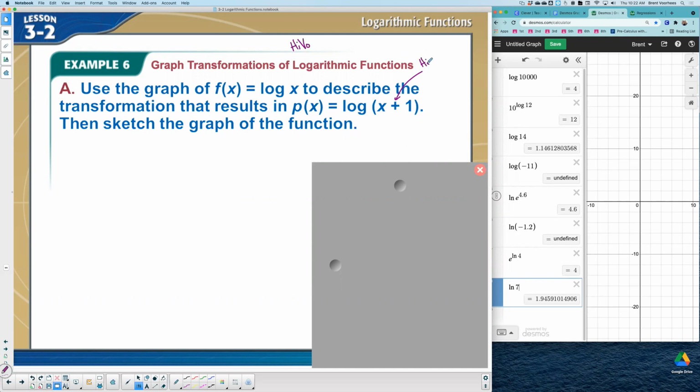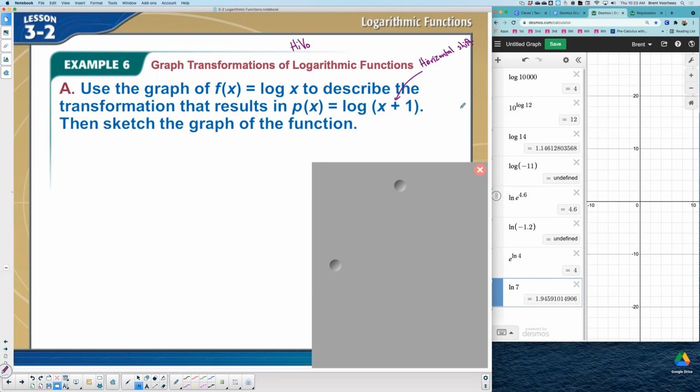Horizontal. When you add a value, does it stretch, shrink, shift, or reflect? What type of transformation is addition of 1? Stretch, shrink, shift, or reflect? What'd you say? Shift. It's a horizontal shift.